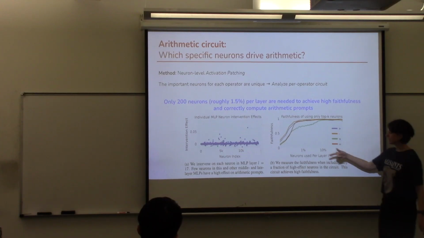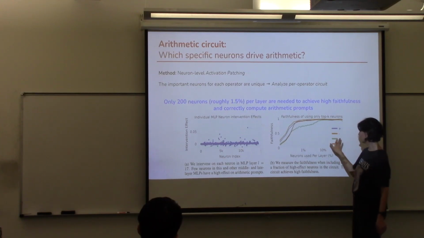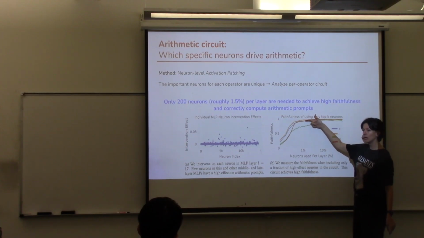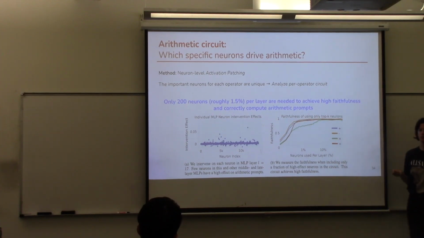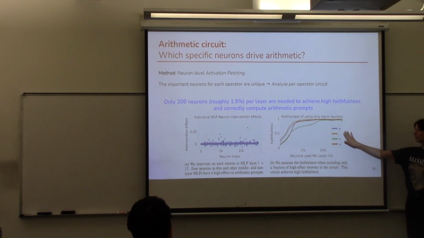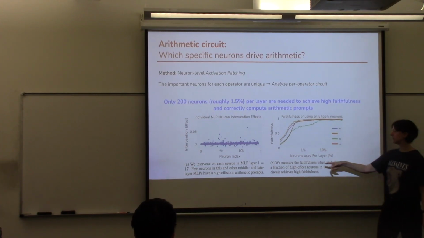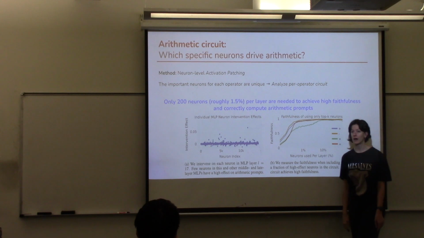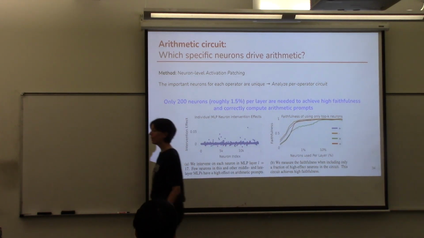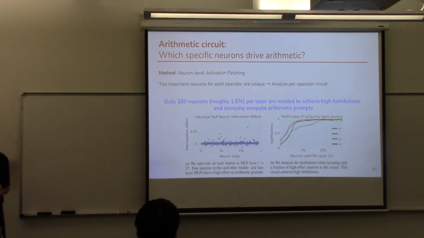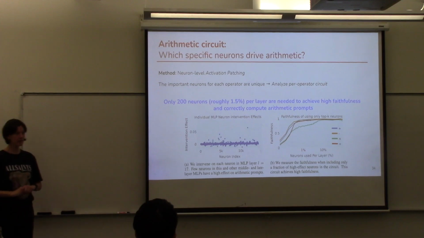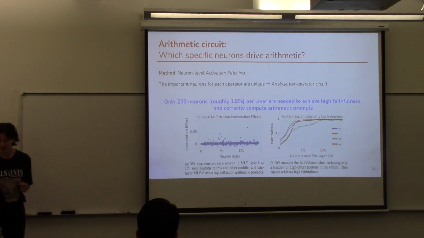What you can see is that, except for multiplication, when we hit 1% of neurons, we are already recovering most of the model's behavior. So for all of the operators, except multiplication, we need roughly 1.5% of the neurons to be able to recover the model's behavior. And that's a really small amount, right?